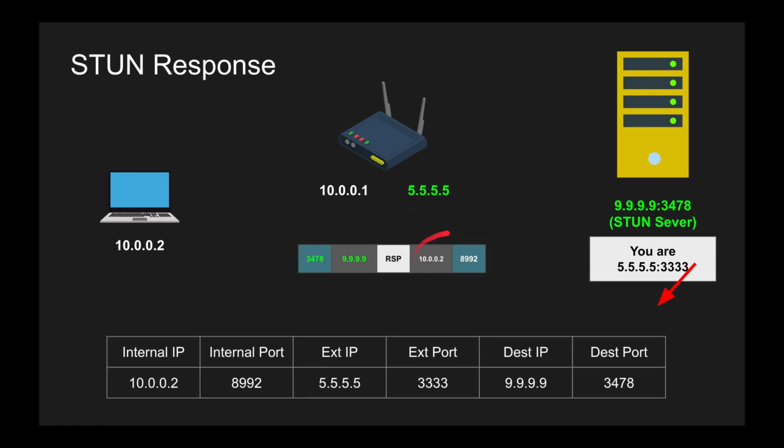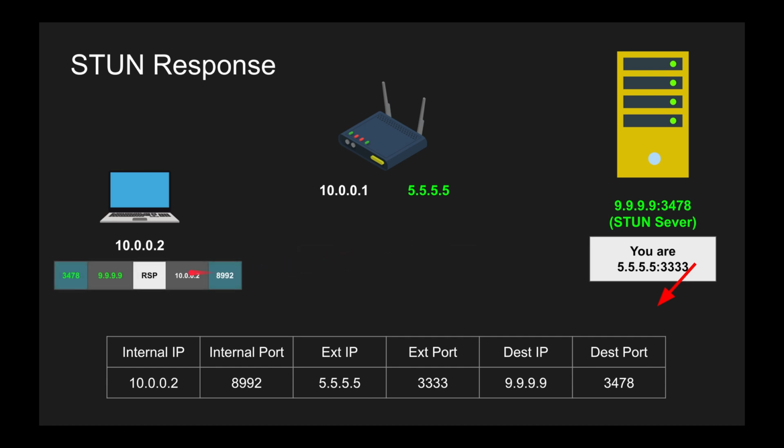We just lost the information that we are 5555 3333, but we did not really, because we sent it as a packet. And it's also encrypted if you're using TLS. So technically, now I know this packet information. I'll send it to the user. All of a sudden I know my public presence. That's what STUN does. Very, very lightweight, very simple.